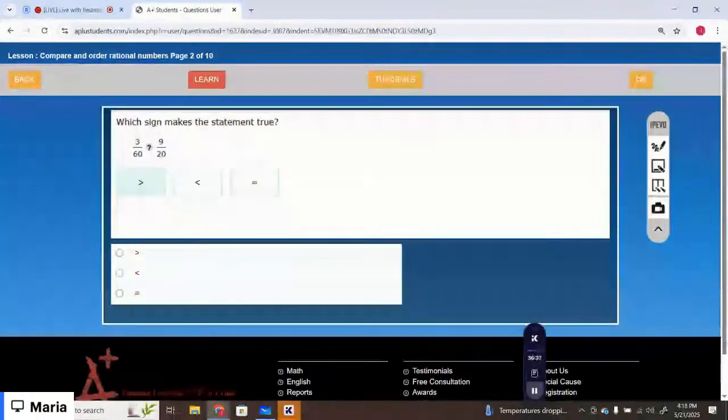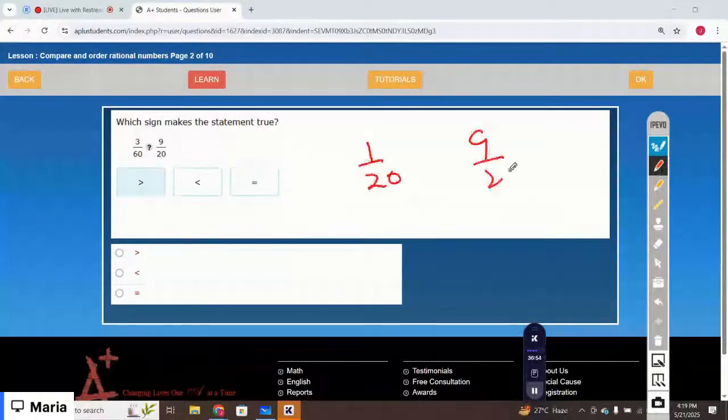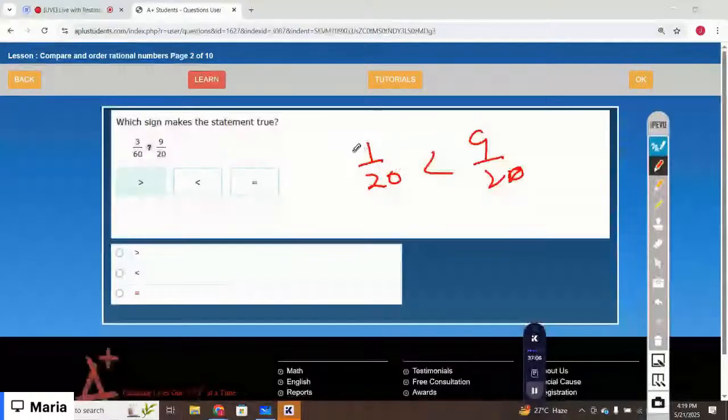So 3 over 60, when you simplify the fraction, will be 1 over 20, and here we have 9 over 20. Just divide by 3. So their denominators are equal. Just look at the numerators. 1 is less than 9. So 1 over 20 is less than 9 over 20. Option number 2 is the correct option.